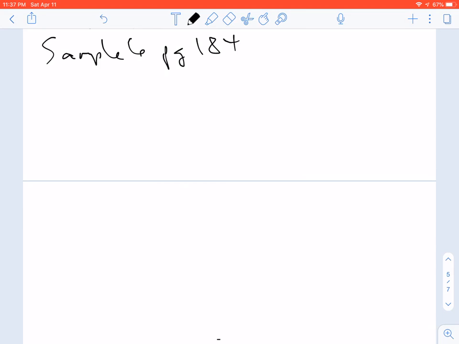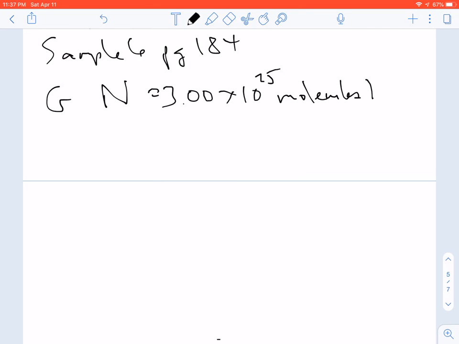Okay, so let's look back to the question here for a minute. So it says we have 3 times 10 to the 25 molecules of KCl. So there's my given. 3 times 10 to the 25 molecules of KCl.